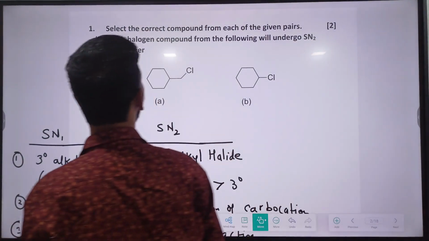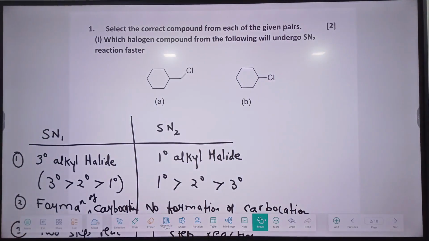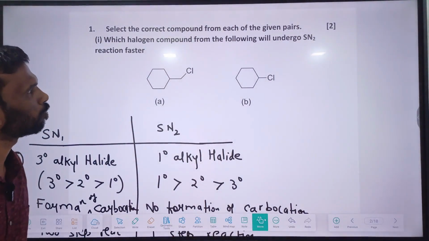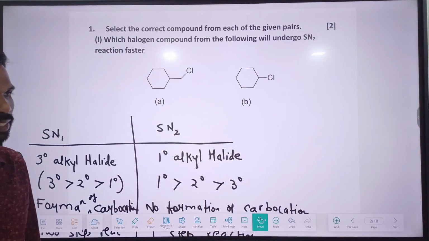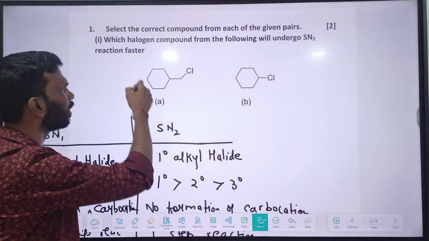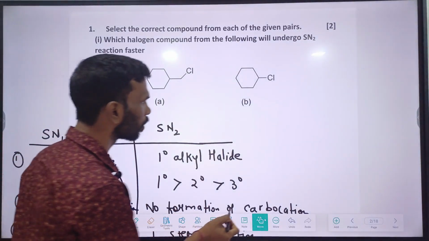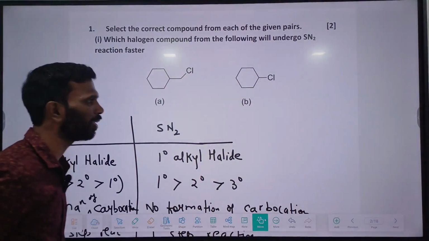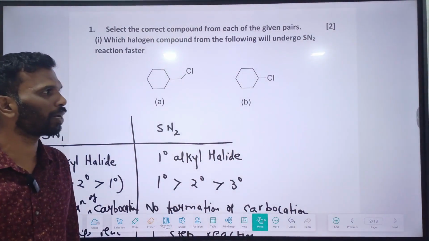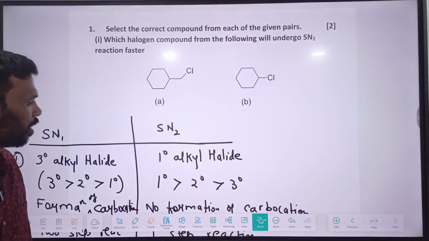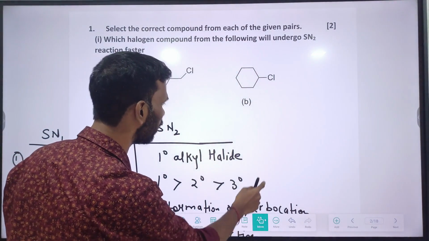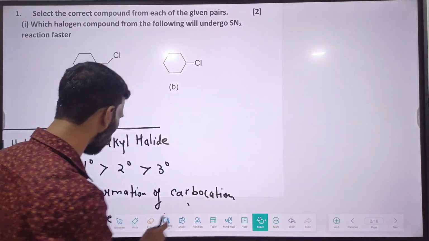Select the correct compound from the given pair: which halogen compound will undergo SN2. Now, what degree of alkyl halide is this, a primary, a secondary, or a tertiary alkyl halide? Let us draw the structure.